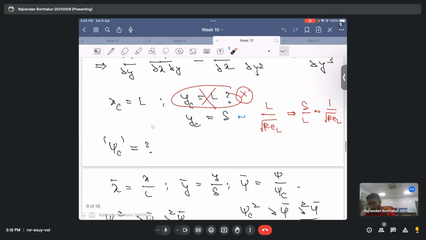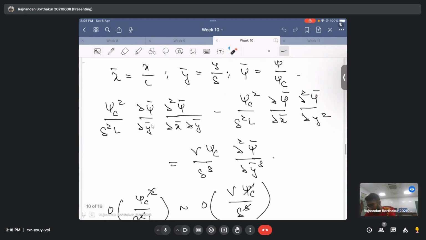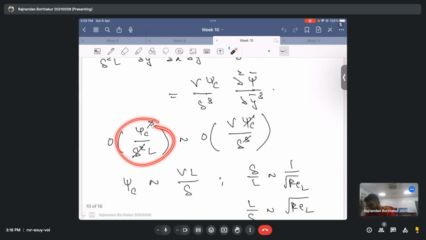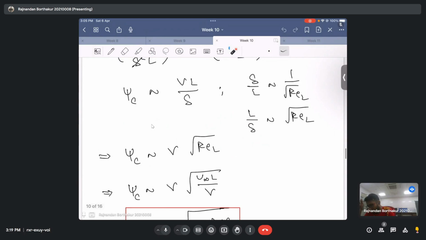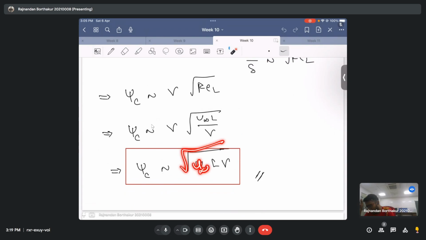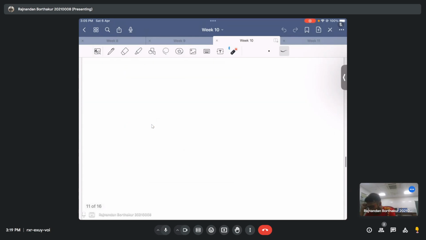And then we took a characteristic stream function psi c, and by following the scaling analysis, that is by matching the order of magnitude of the terms on the left and the terms on the right, that is we balanced the inertia term with the viscous term, we found out that the stream function essentially scales as root over of u infinity L nu. And this is actually the basis on which the stream function is non-dimensionalized when we follow the Blasius flat plate solution. So this is something that we saw.